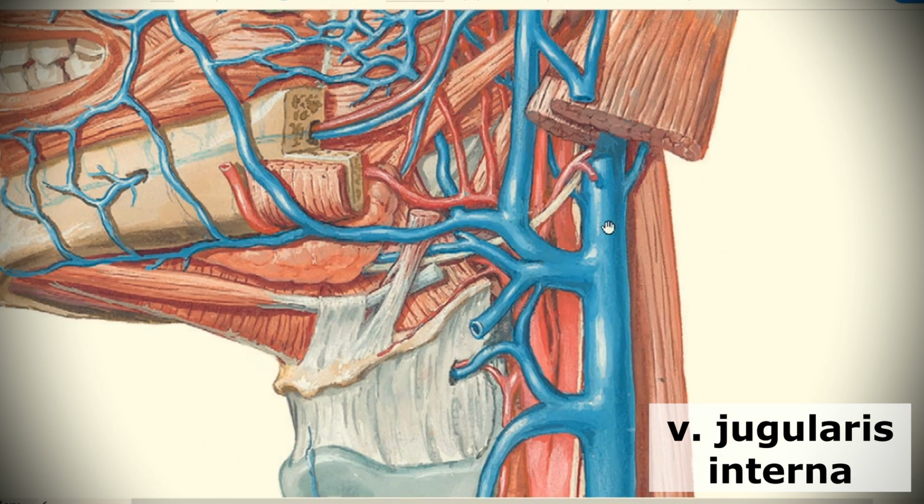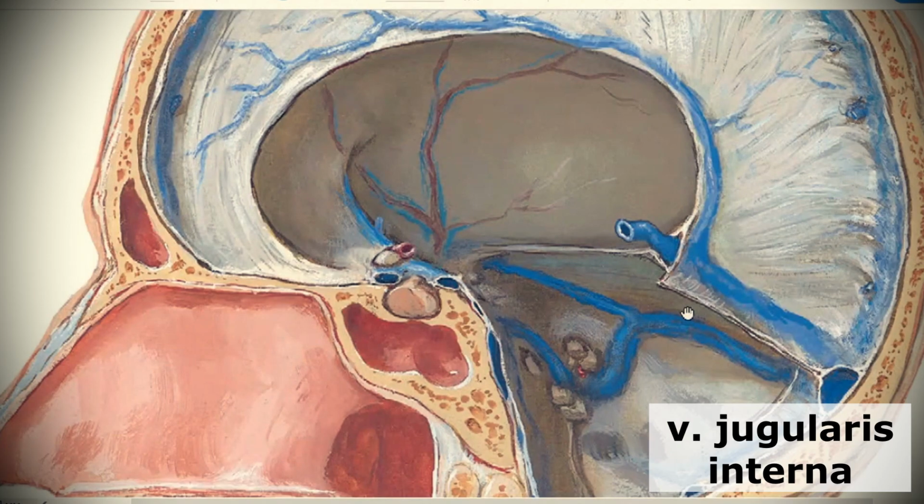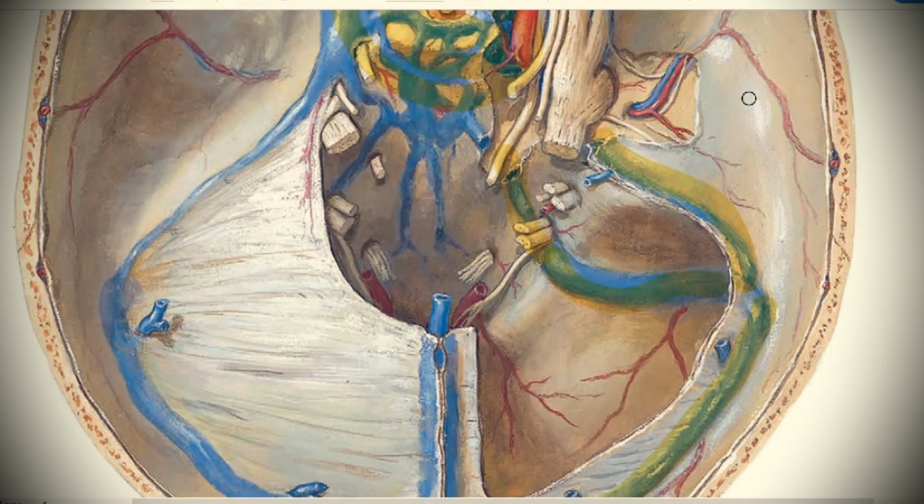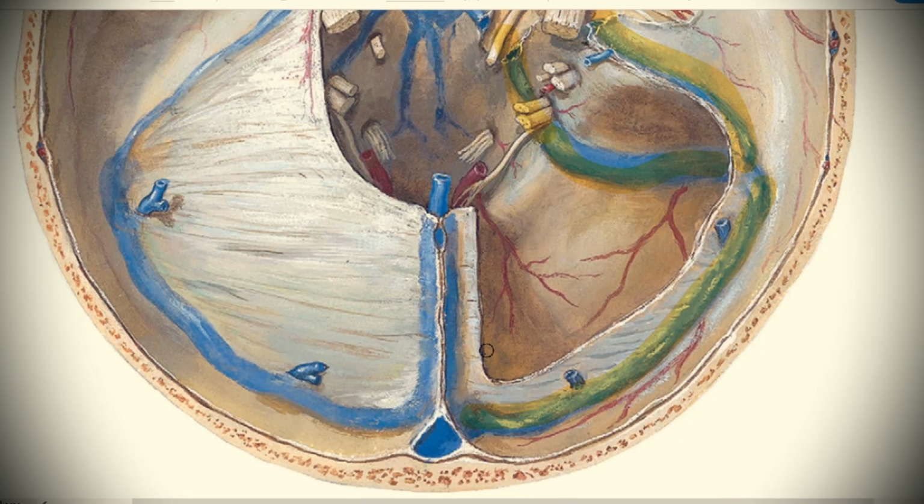And the vena jugularis interna has a lot of tributaries, and you can divide them into intracranial and extracranial. So the intracranial tributaries, actually, are all sinuses. All the blood from all these sinuses comes to the sinus sigmoideus. So where does this blood come from?